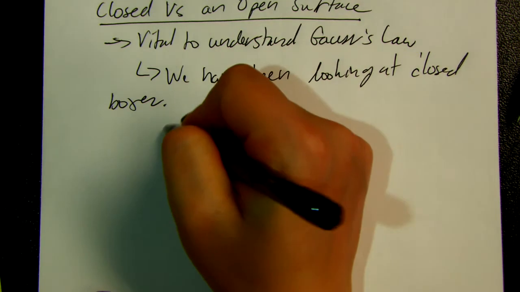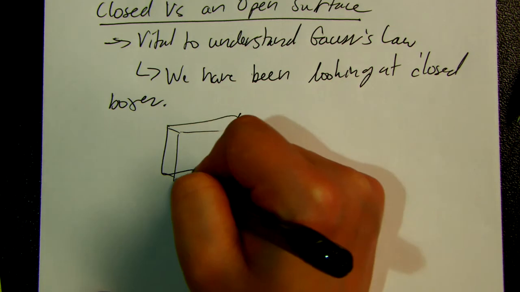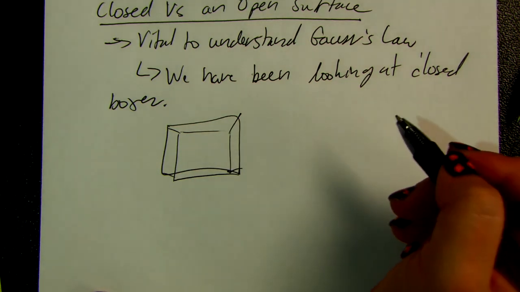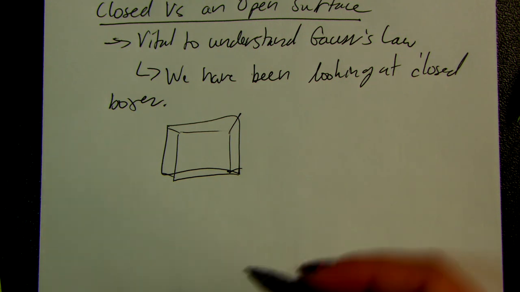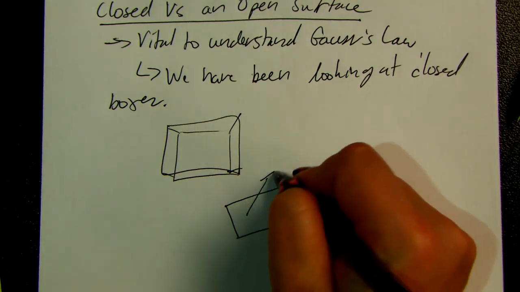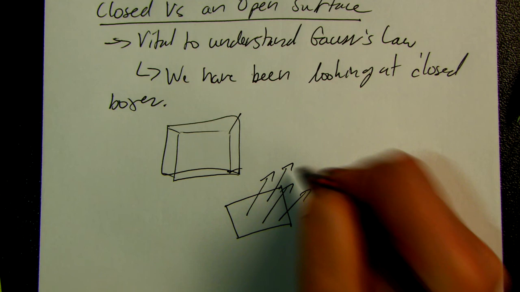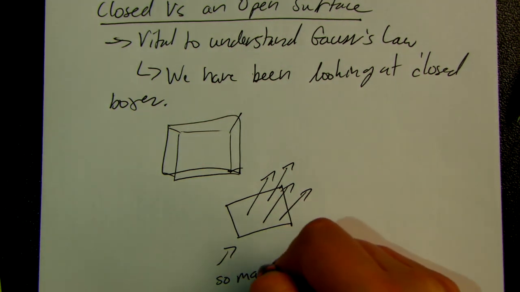In this case, this would be really realistically a three-dimensional, poorly drawn closed surface. And we can conclude a lot about looking at this enclosed three-dimensional surface. So what about, say we just had a plane and field lines like this. All right, so there's a lot of different things that could be causing field lines like this. So this is not the same as a three-dimensional closed surface. So this would be an open surface. So many possibilities.